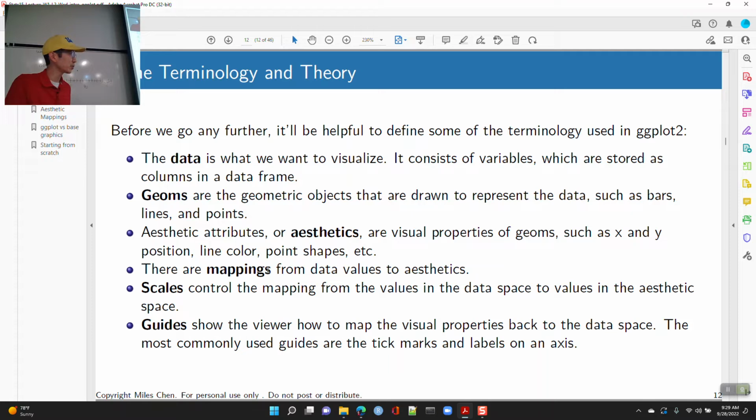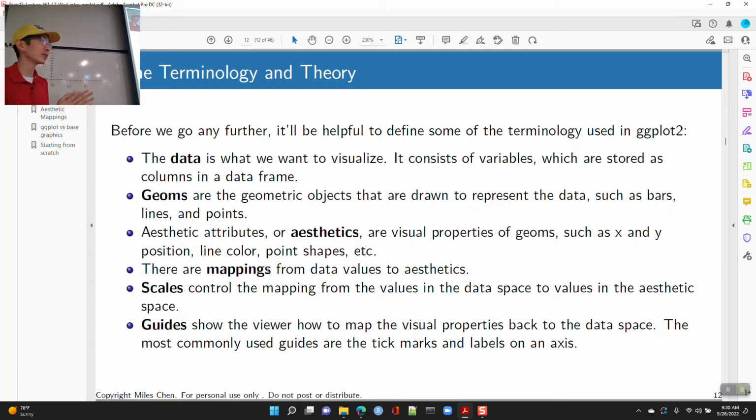So scales will say, okay, what's basically the smallest value in your data, what's the largest value in your data, and what is the range of values that we could represent visually? As far as shading levels, the maximum range is going from clear to opaque, and halfway translucent would be halfway in between.